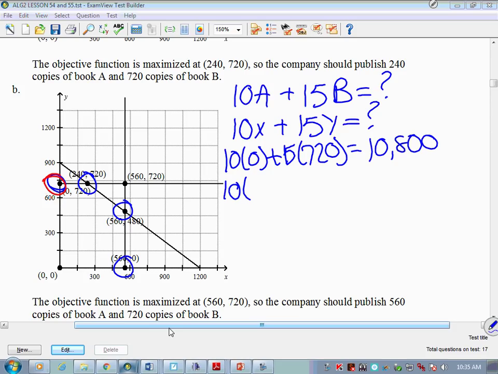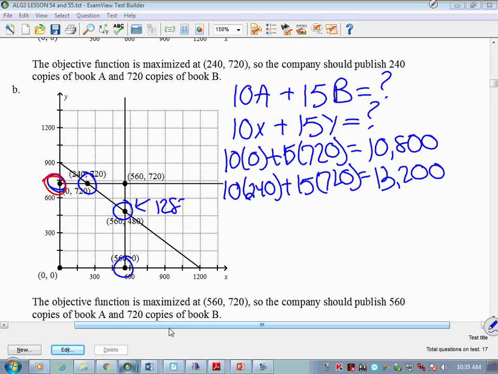That would be 10 times 240 plus 15 times 720. I'm going to help us out here. That's going to be 13,200. If we come down here and we plug that guy in, we got 564.80. He is 12,800. We come down here to 560, 0.